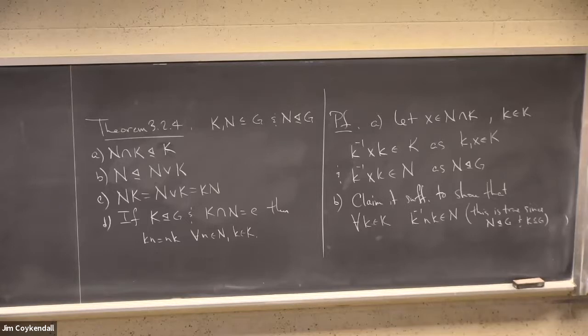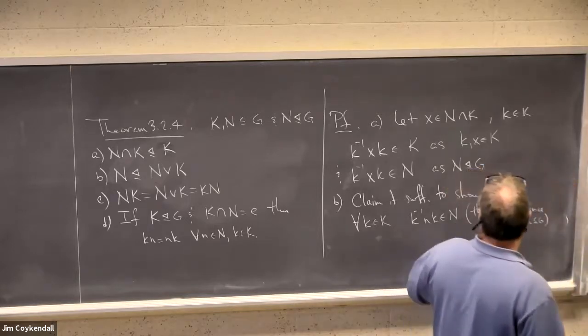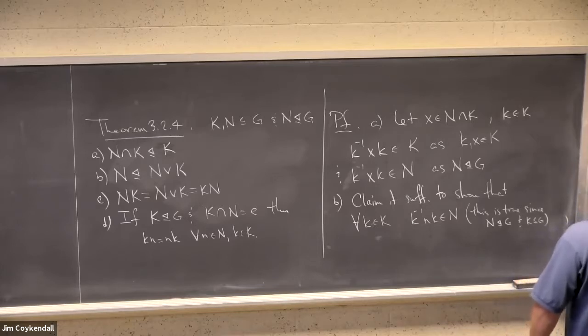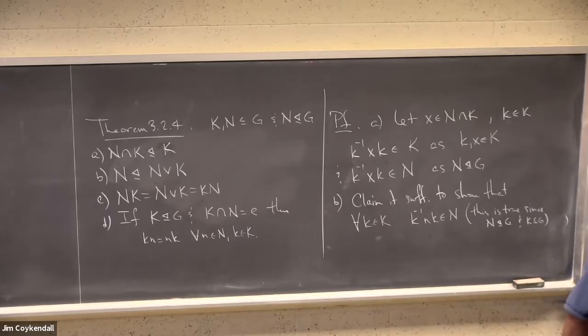And what we need to do is show that when you conjugate anything by something in K, so let y be in K. Well, if you look at y inverse xy, this is y inverse k1 n1 k2 n2 up to km nm y.